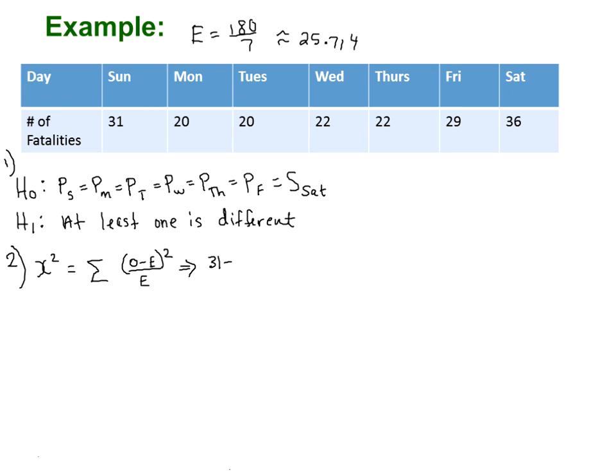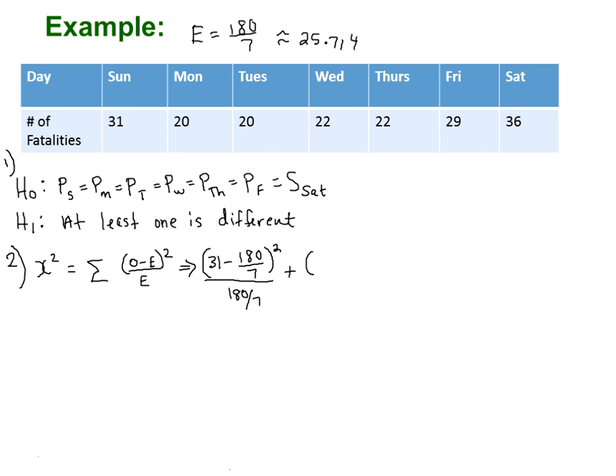I'm going to keep it as a fraction. You take the difference, square it, and then divide by the expected, which was about 26, but I'm leaving it as a fraction. And the summation means you're going to add.